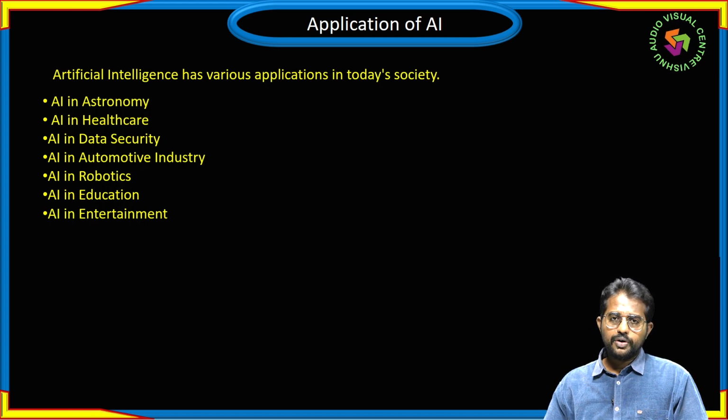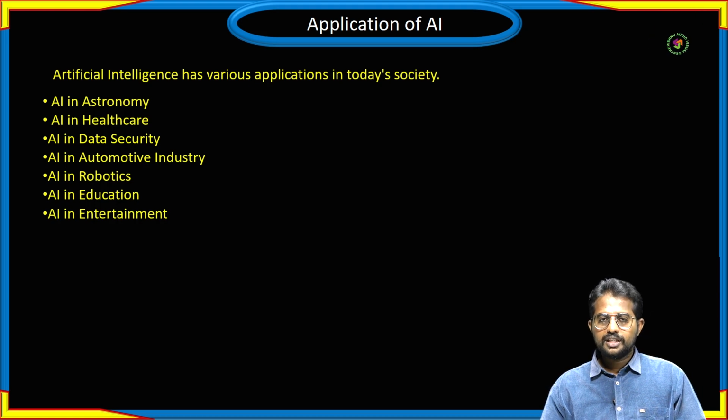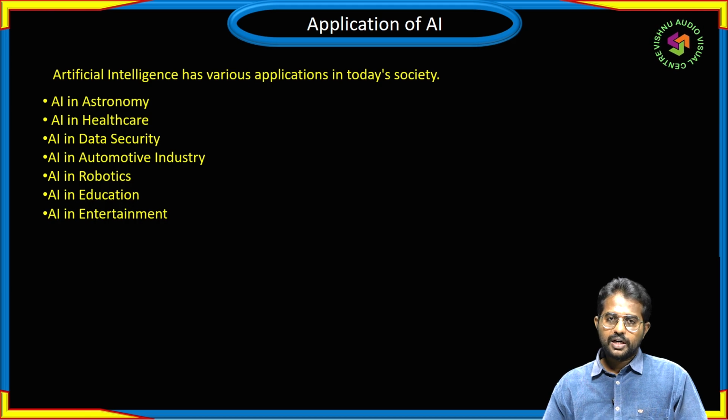Next is artificial intelligence in the automotive industry. In the automotive industry, we already have autonomous vehicles, that is, self-driving vehicles. Tesla and even the Mahindra XUV 700 have implemented self-driving modes. Whenever we are going from one destination to another, they provide a self-driving feature.